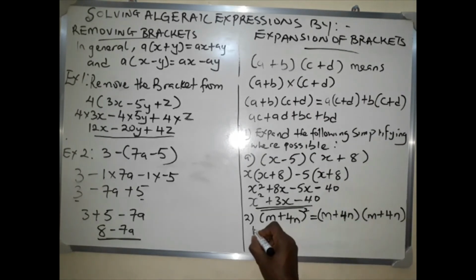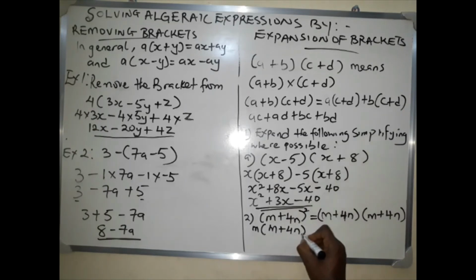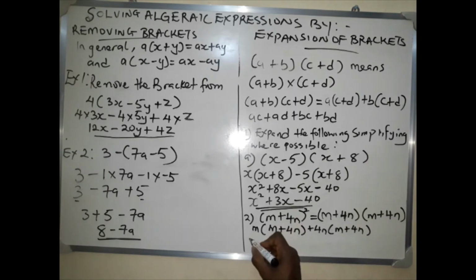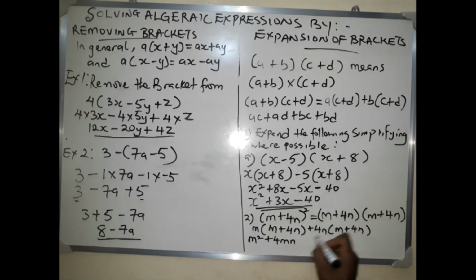We now have m bracket m plus 4n, and we have plus 4n bracket m plus 4n. So when you multiply this times this, it gives you m squared. This times this will give you plus 4mn. This times this will give you plus 4mn.